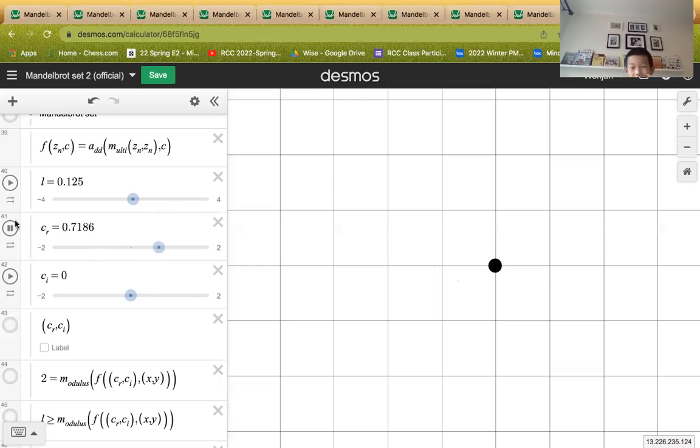I don't know why it will look this weird. And then it appears in the center. Anyway, it does look very weird.